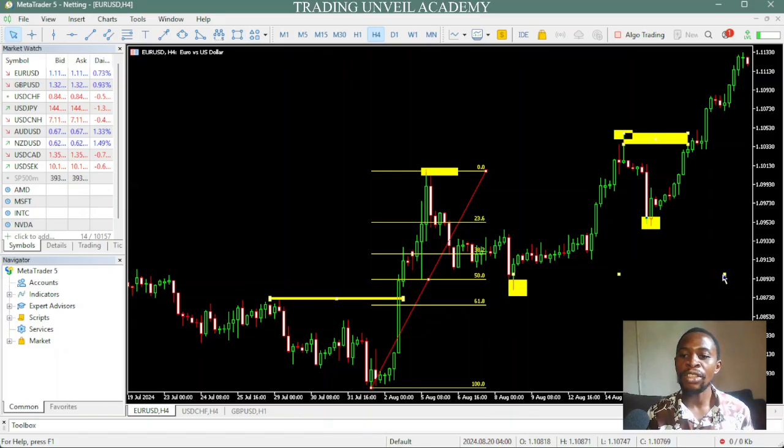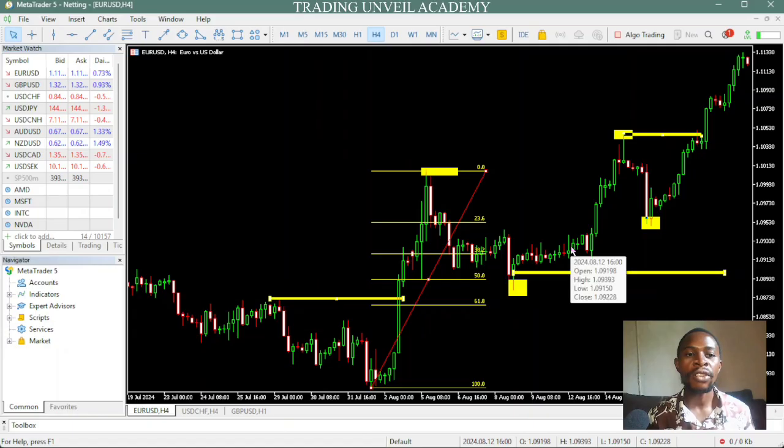After I mark out my trading range, the next thing to mark is my point of interest. So my point of interest is going to be within my discount zone on a bullish trend.